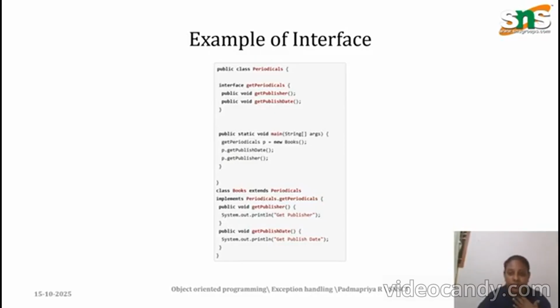We inherit the methods already declared by the interface into the subclass. Under this subclass, we define the method body. By creating an object for that subclass, we can call that method body.